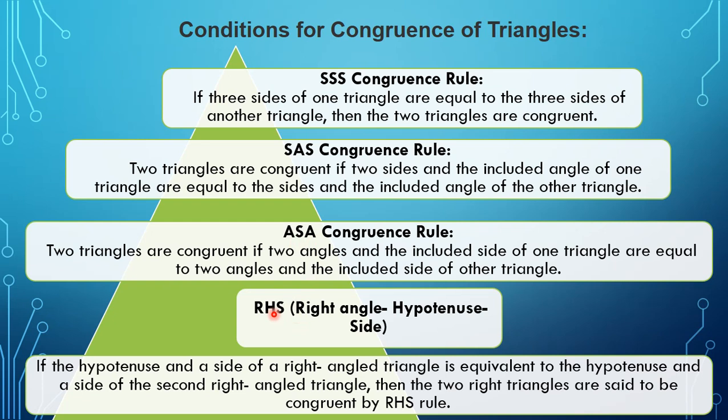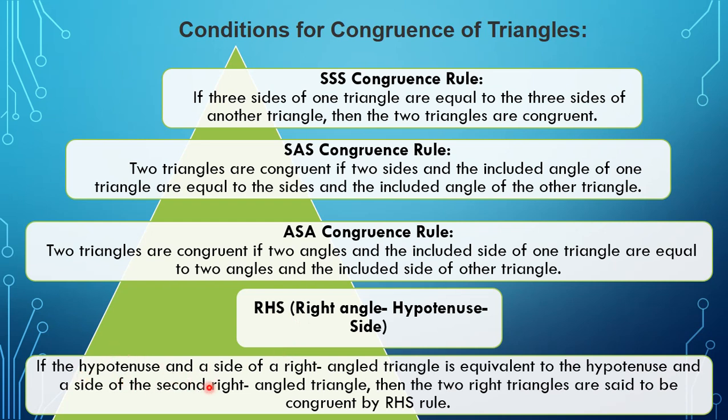Now next is RHS, that is right angle hypotenuse. By the term RHS we understand R, right angle, that is 90 degrees, H, hypotenuse, and S, side. So the right angle, the hypotenuse, and one side, the perpendicular or the base, should be equal; then the two right triangles are congruent.